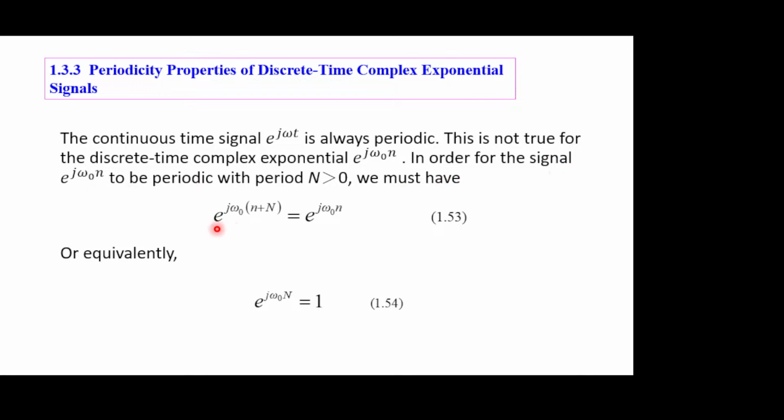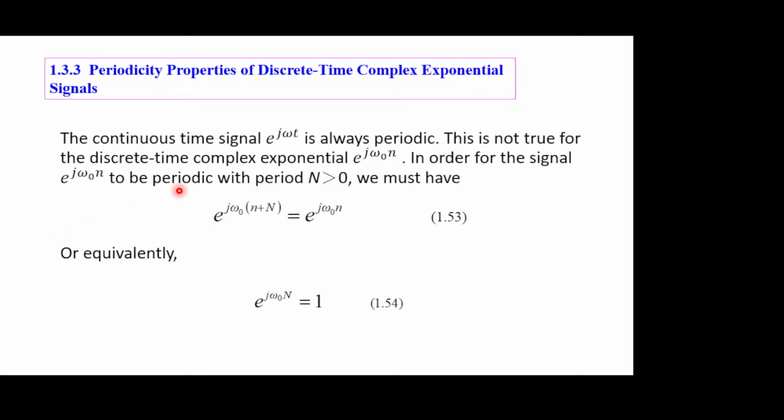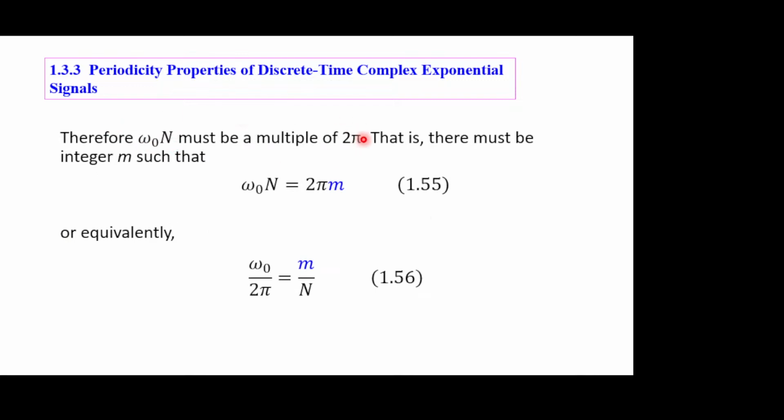Okay, so if we want this thing to be periodic, then we write down the periodicity equation: e to the j omega naught (n plus big N) equal to e to the j omega naught n. We do the usual cancellation, and we see that e to the j omega naught N equal to 1. And as before, that means that omega naught N should be an integer multiple of 2 pi, and that's our integer m. So omega naught N equal to 2 pi times m. And what does that mean about omega naught?